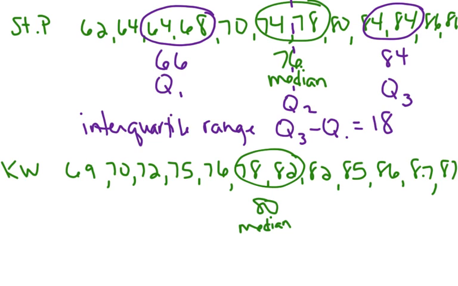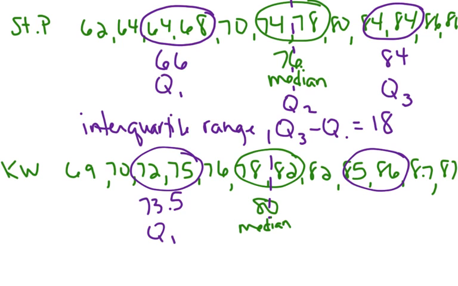Then I'm going to divide this down the center and find the median of the bottom half, which is quartile 1. 72 plus 75 divided by 2 is 73.5, and that's quartile 1. And then the median of the top half of the data, quartile 3, is 85 plus 86 divided by 2, which is 85.5.